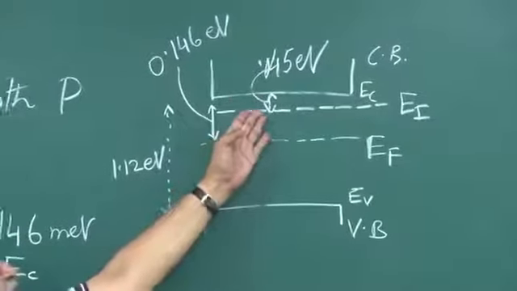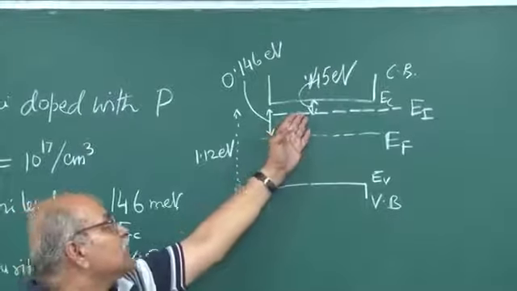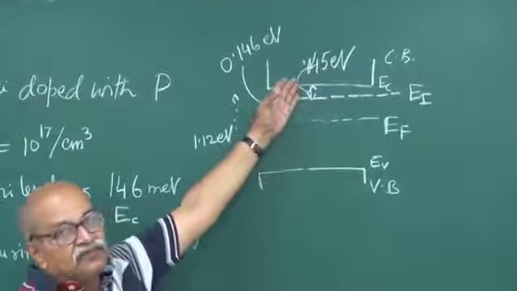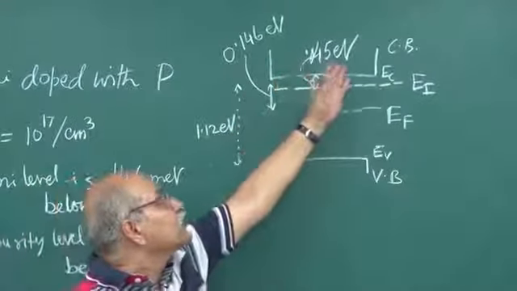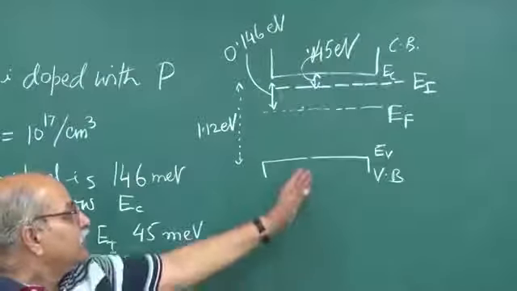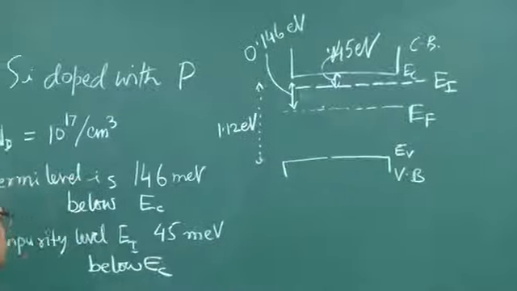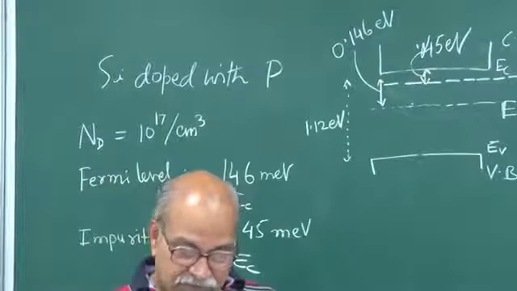The electrons jump from here to here because of thermal energies, and that is how you get electrons in the conduction band. Ne increases, Nh decreases. So this is the data which is available. What is asked?